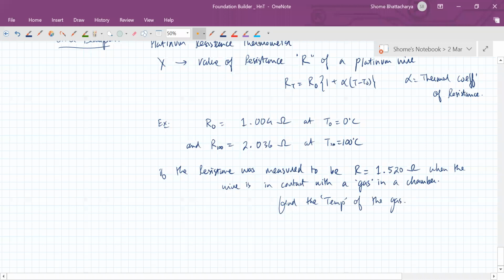Okay. So this is an example for a platinum wire resistance thermometer. This information is given, and from this we have to now find the temperature of the gas. Just try out this question, people.